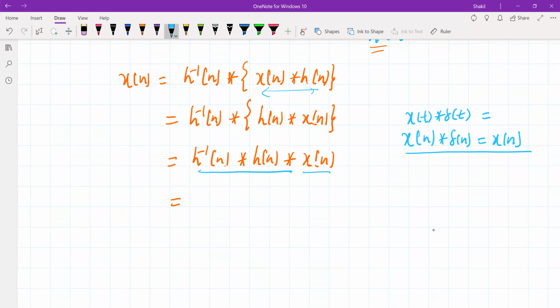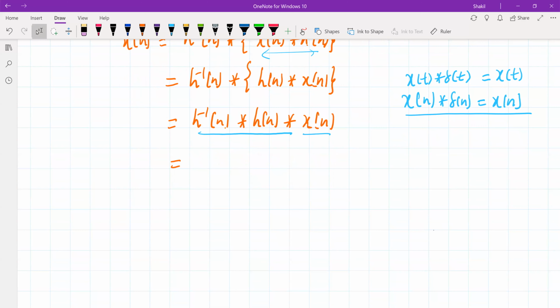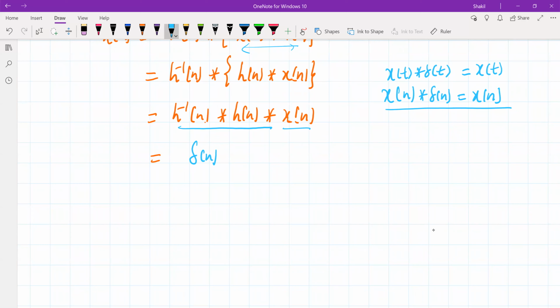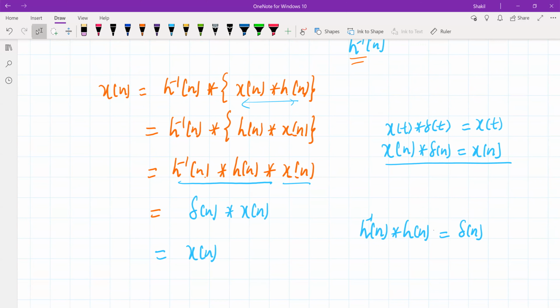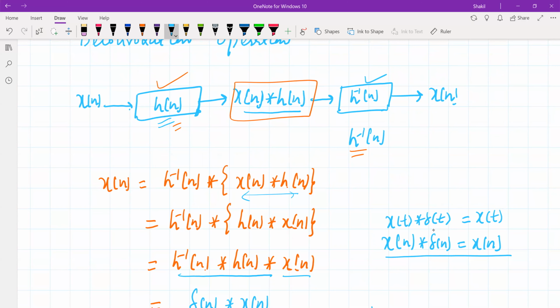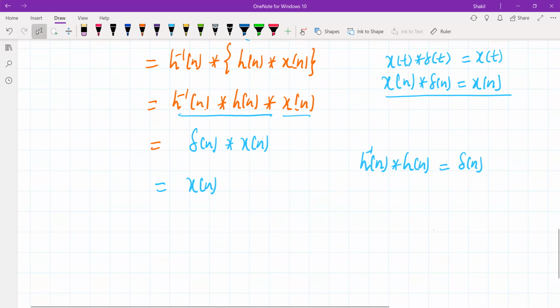So if this whole thing, h inverse of n convolved with h of n, is simply delta of n, then that system is an invertible system, and we are able to recover x of n from the output of the system.